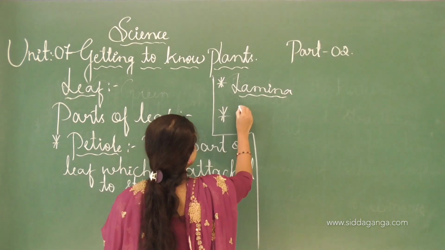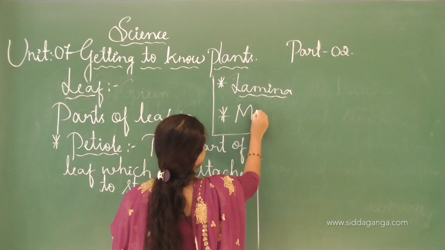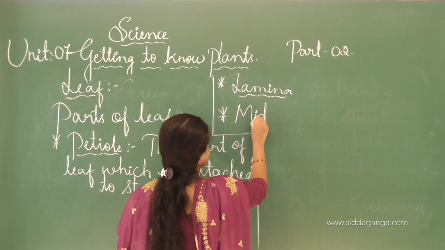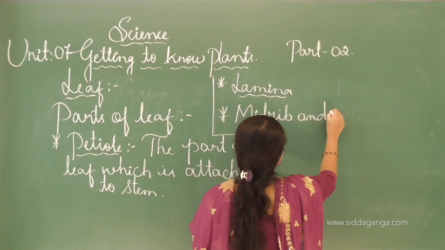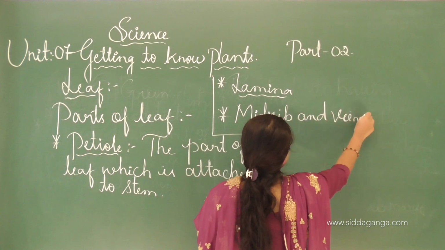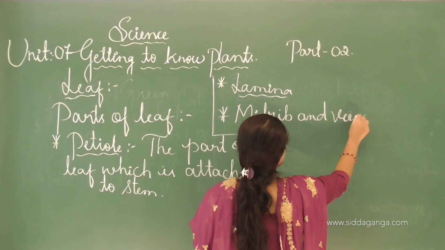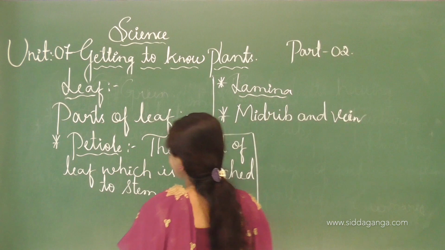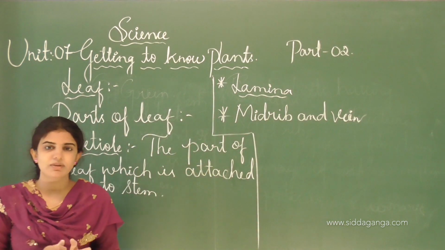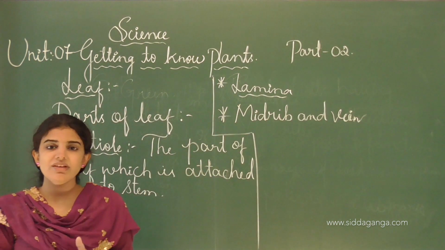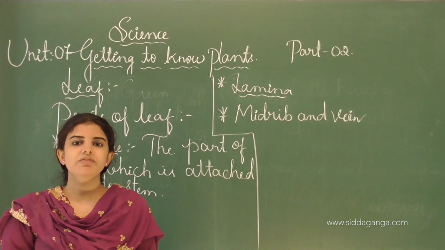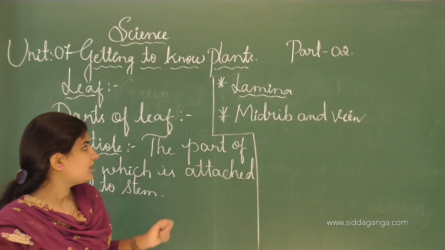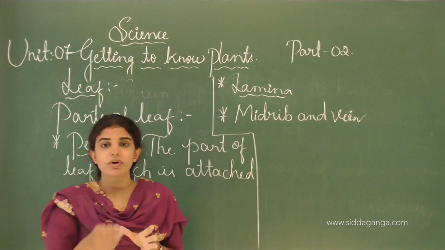And next one is the midrib and vein. Veins are nothing but the long lines which are present in the leaf, and the midrib is nothing but the middle part of the leaf.